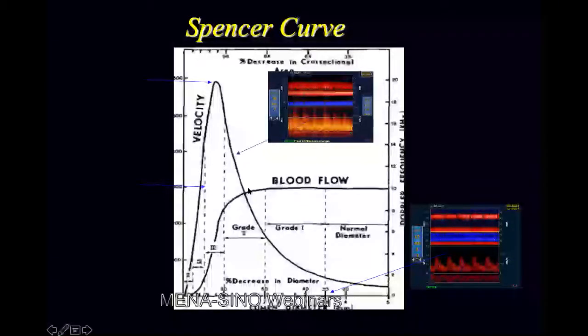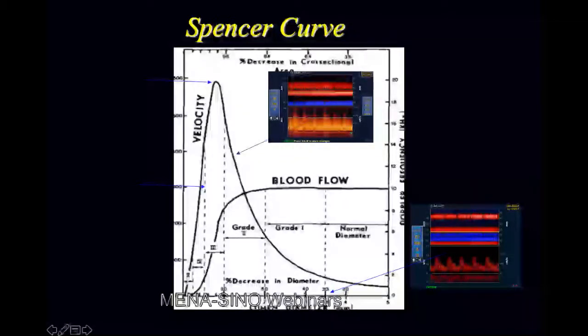So the blood flow is maintained by increasing the velocity. That's where we start seeing the high mean flow velocity on transcranial Doppler. The velocity curve goes up, the blood flow is maintained, and the diameter drops.